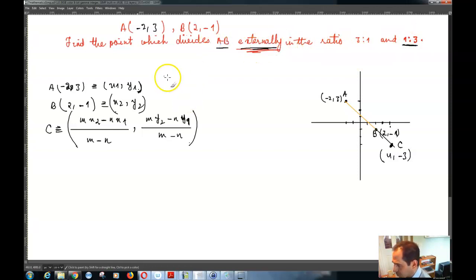So you want to divide AB externally in the ratio 1 to 3. So what that means is that your m to n is equal to 1 to 3, and your points are basically these points over here. So again, you can take your x1, y1, x2, y2 as basically the same points, because we're talking about the same line segment A to B.